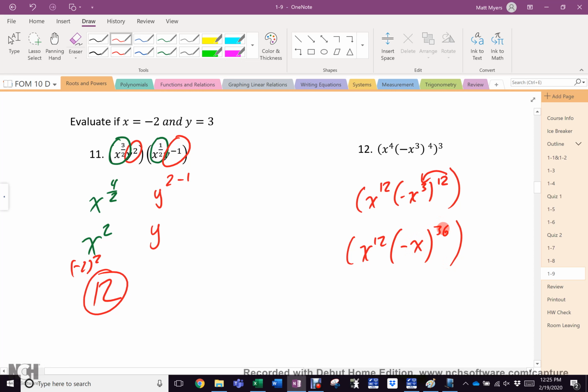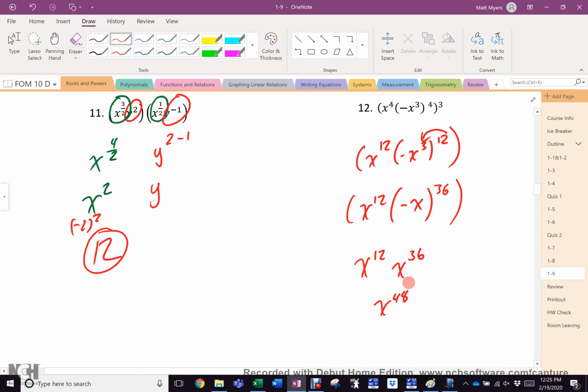The base becomes positive, yes? So I would have x to the 12th and x to the 36th. Agreed? And now what do we do? Add them to get x to the 48th. Now this is where we're good, right? Now what's x equal?